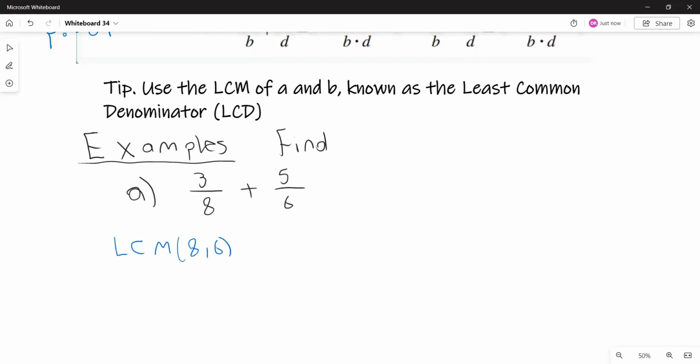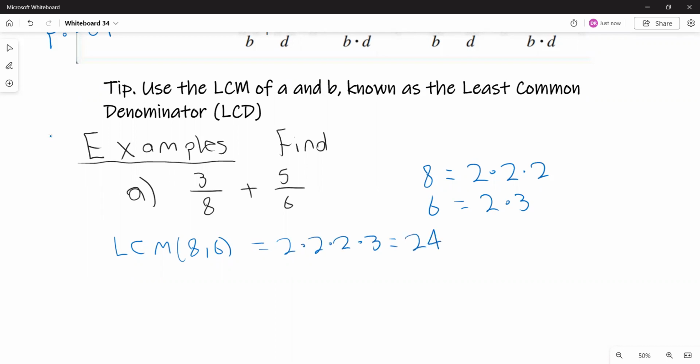So 8 is 2 times 2 times 2. That's the prime factorization, and 6 as a product of primes is 2 times 3. So they involve three 2s and one 3. The least common multiple is going to be 2 times 2 times 2 times 3, which is equal to 24.